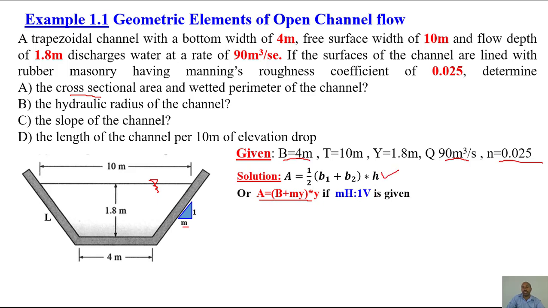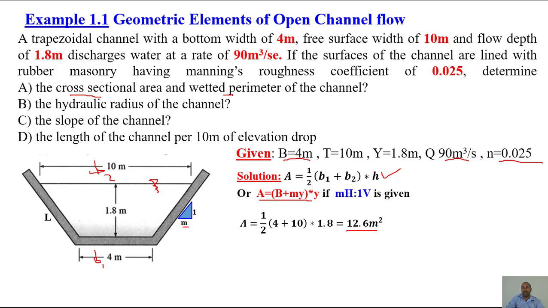Otherwise, we can apply this one, since you have this is B2, and this is B1, clear? So you have (B1 plus B2) times H over 2. So let us see the solution. You have 12.6 meters square. So this is the cross-sectional area of the channel.